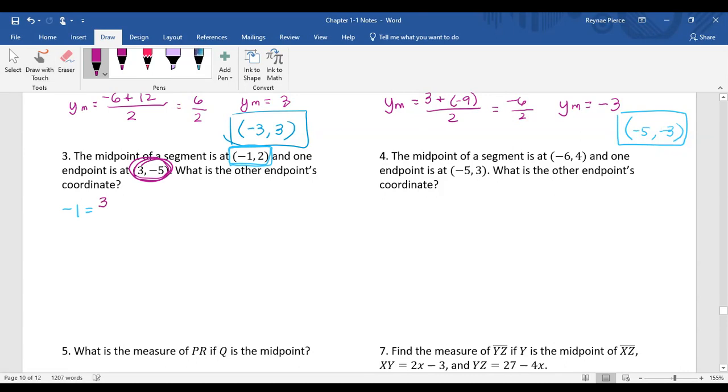So I know the x coordinate of one endpoint is 3, but I don't know the other x coordinate. That's what I'm trying to find. To find that other x coordinate, first I'm going to multiply by 2. That leaves me with just 3 plus my second coordinate, and then subtract 3.